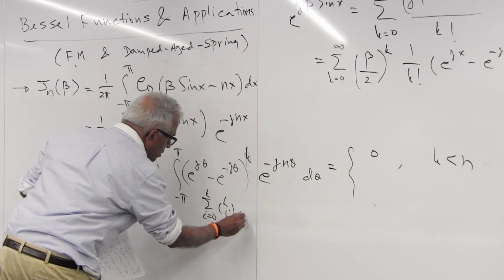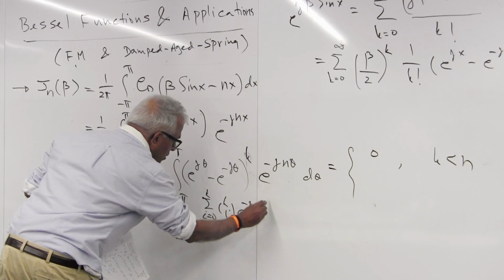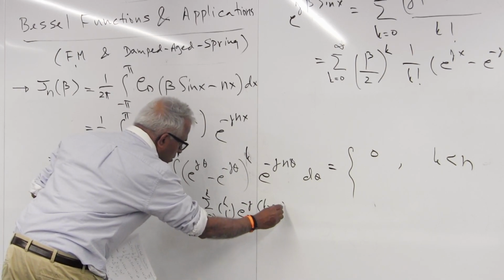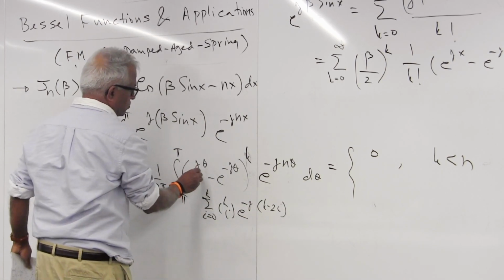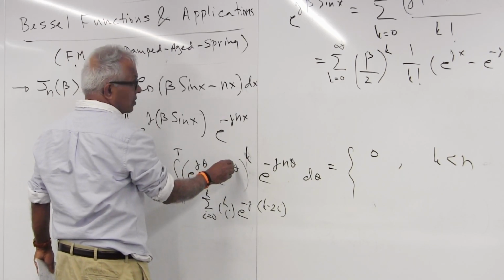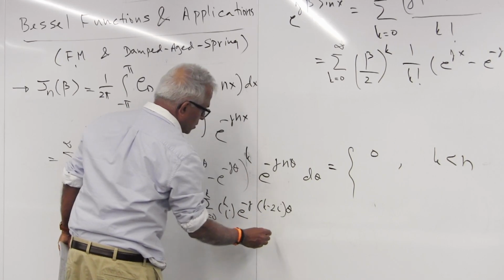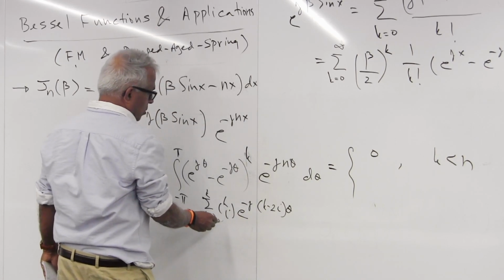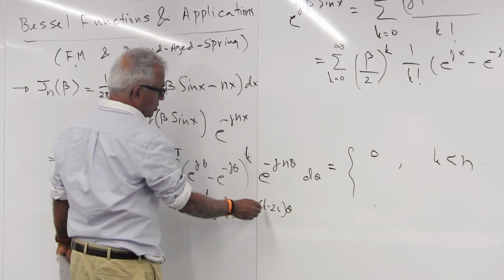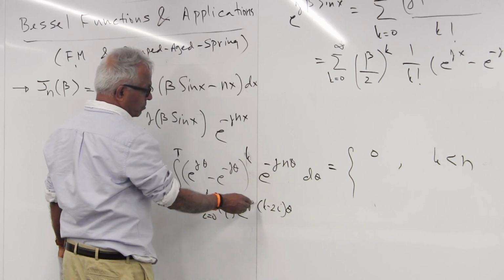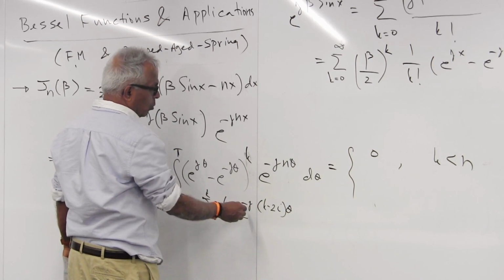So this would be e raised to j k minus 2i theta. Notice that this goes from 0 to k. There will always be one term.